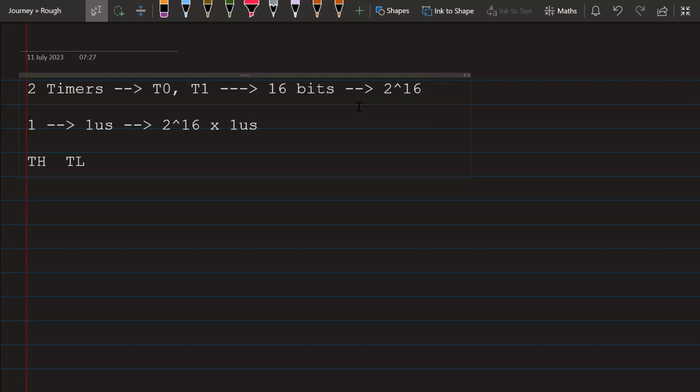If it is timer 0, I'll refer to them as TH0 and TL0, and for timer 1, TH1 and TL1. Okay.